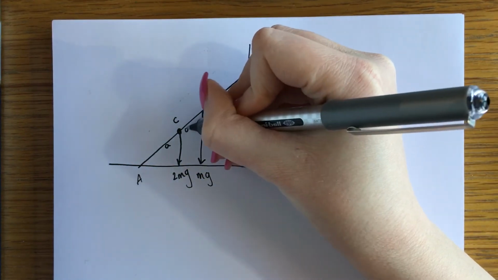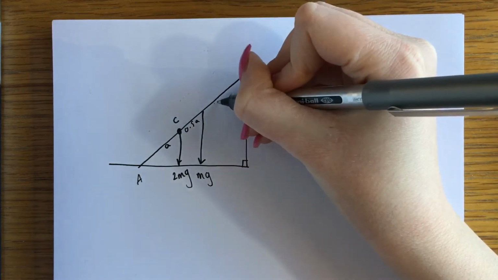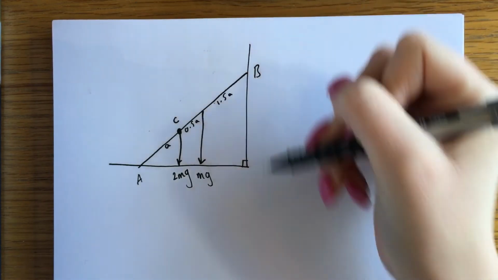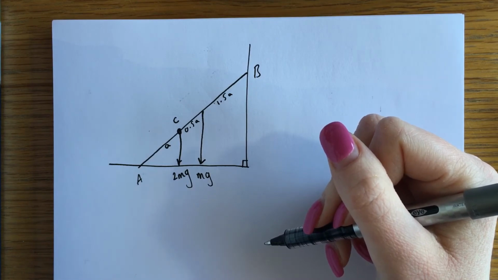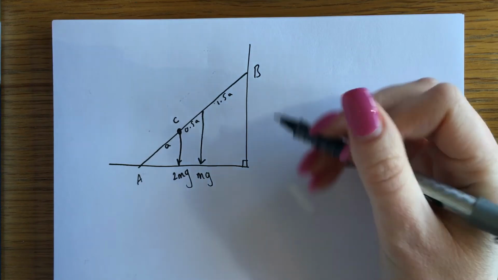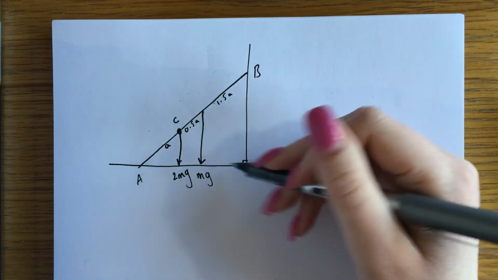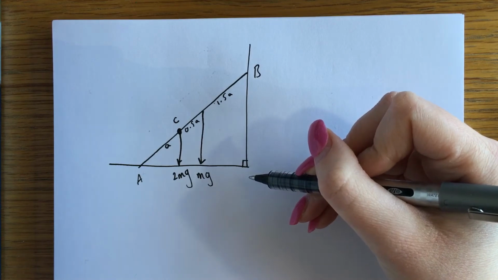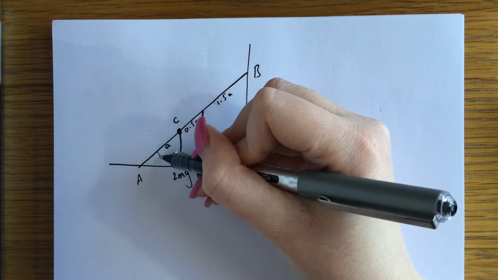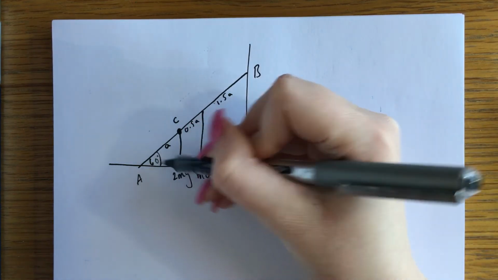So this would be 0.5a, and this would be 1.5a. And the load is modelled as a particle, and it's a vertical plane perpendicular to the wall, so it's basically saying that the wall meets the floor at a right angle. The ladder rests in limiting equilibrium at an angle of 60 degrees to the ground.